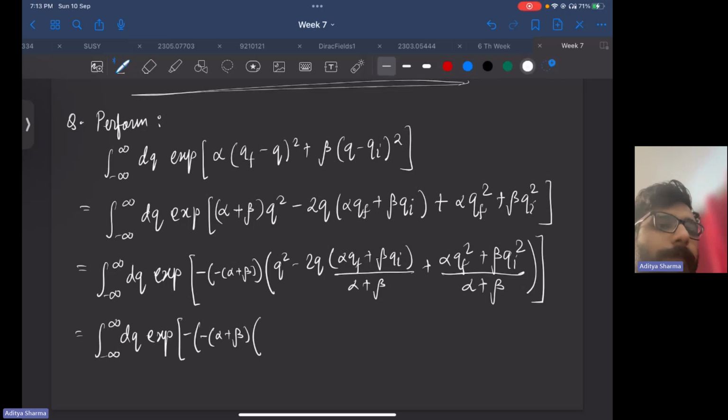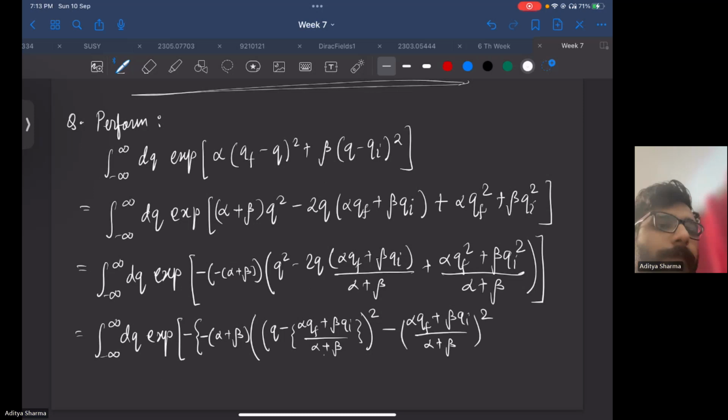I'm going to write this as q minus (alpha qf plus beta qi)/(alpha plus beta), whole square, plus minus ((alpha qf plus beta qi)/(alpha plus beta)) whole square, plus (alpha qf square plus beta qi square)/(alpha plus beta).